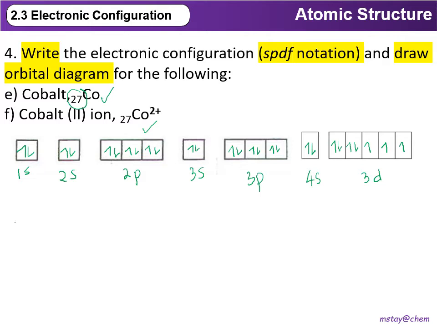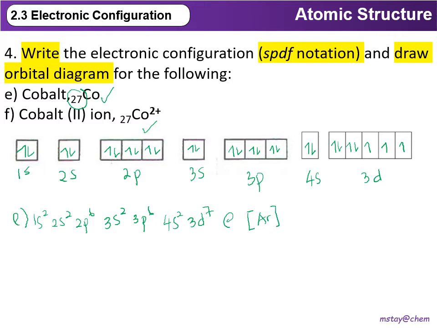If we want to write it in SPDF notation, we write 1s2, 2s2, 2p6, 3s2, 3p6, 4s2, and then 3d7.